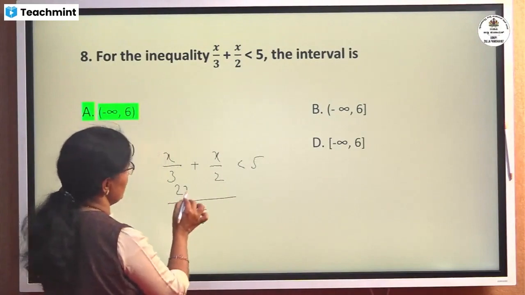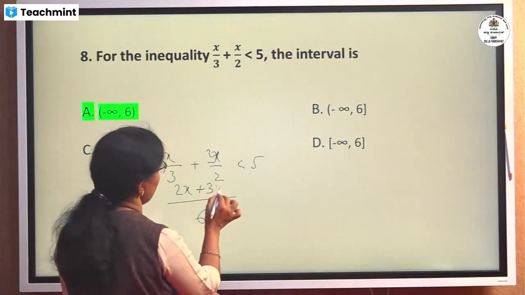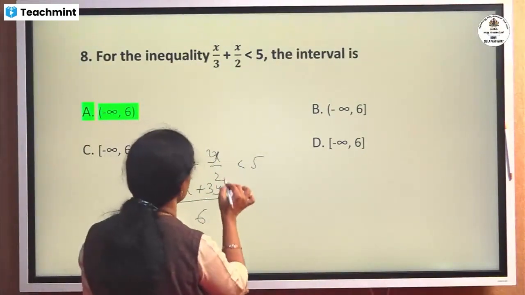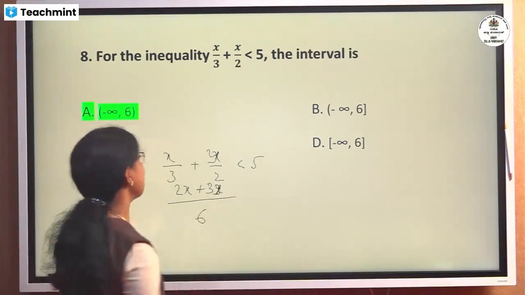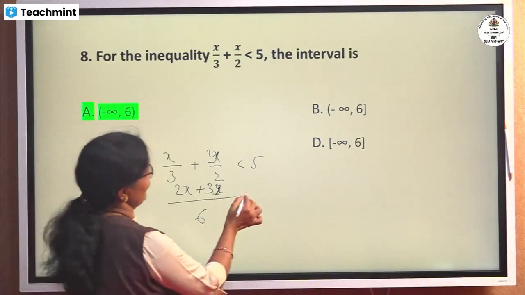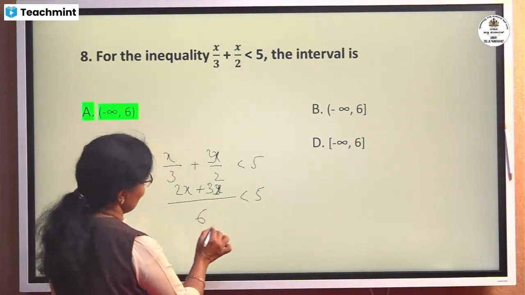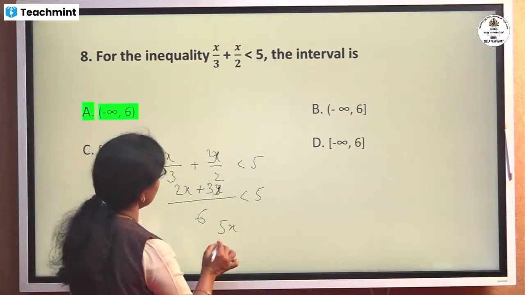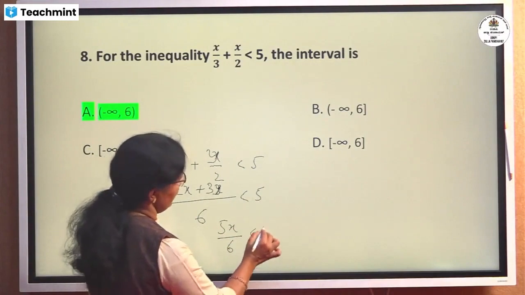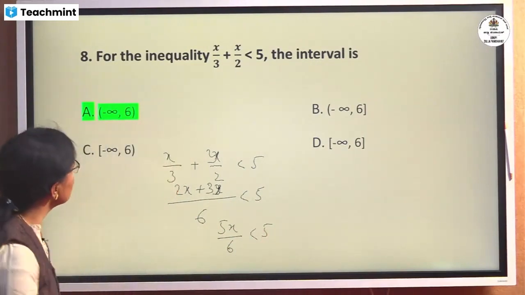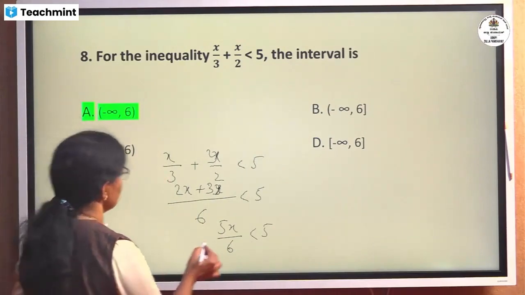So here it becomes 2x plus, this is x, not y, 3x. Yes, so it is x itself, sorry. So 2x plus 3x, that is 5x divided by 6, is lesser than 5.